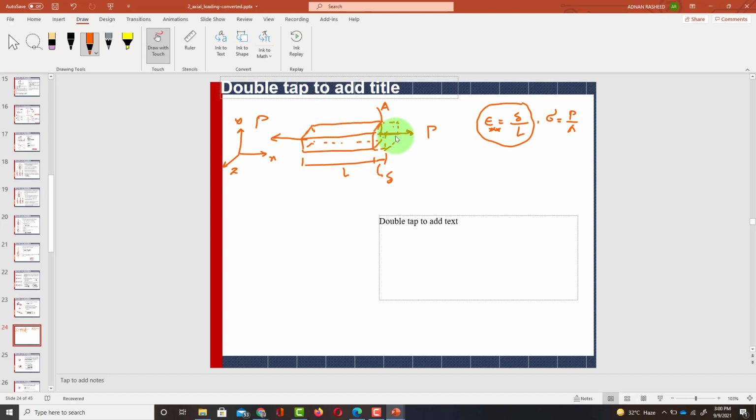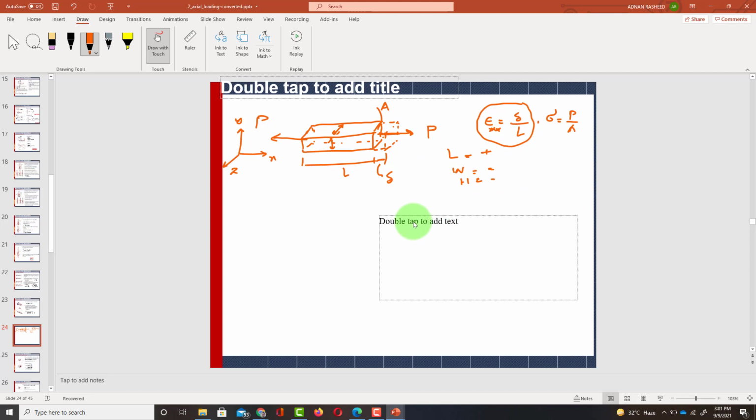So due to this tensile load, there will be elongation in the horizontal axis. Clear? But at the same time, the height will decrease. There will be contraction in height as well as in width. Clear? So length increases in the positive direction, but width and height decrease, meaning there is a contraction.